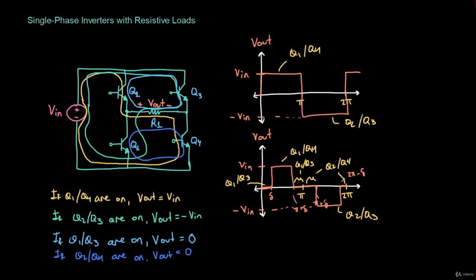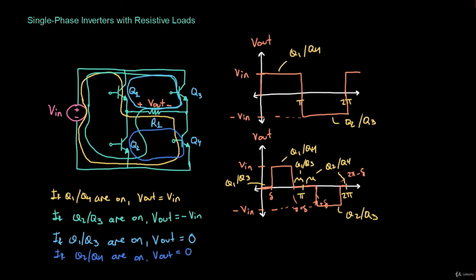And so notice the pattern here. We're switching Q1, Q3 on, then Q1, Q4, then Q1, Q3 again, then Q2, Q4, then Q2, Q3, and then Q2, Q4 again. So one thing that's important to note here is that we have 2 ways of making a 0 voltage at the output.